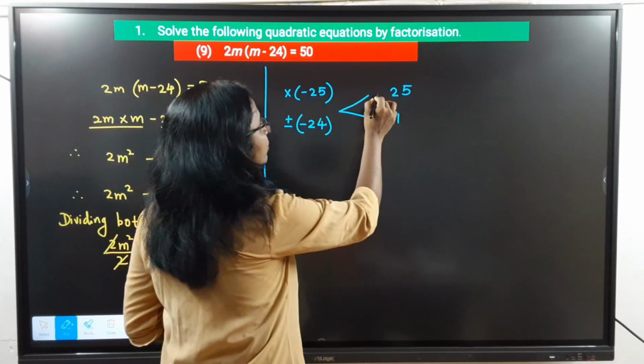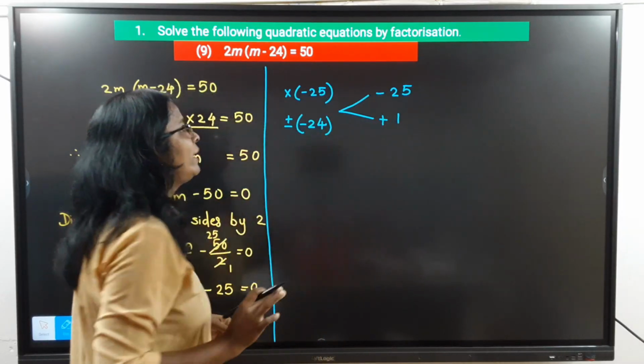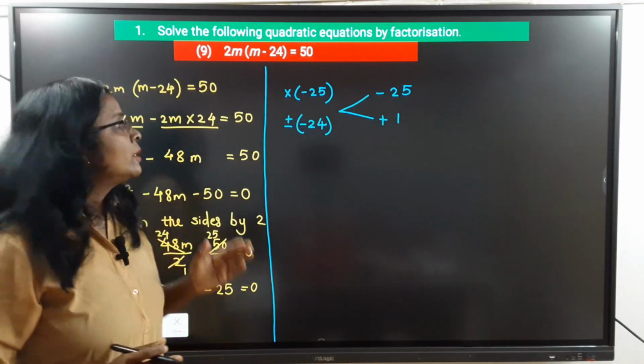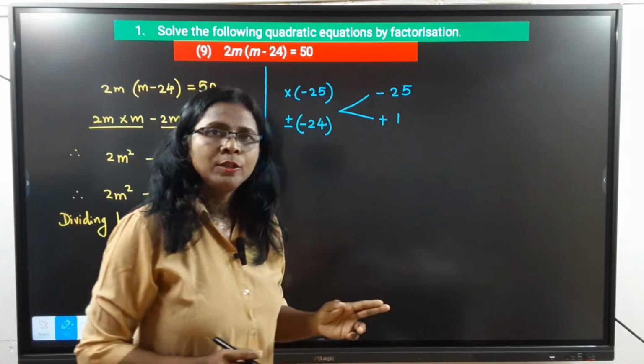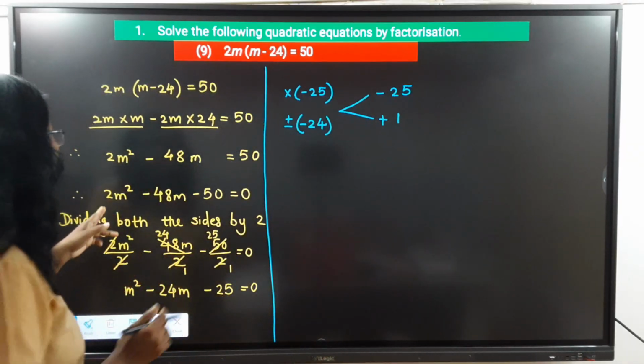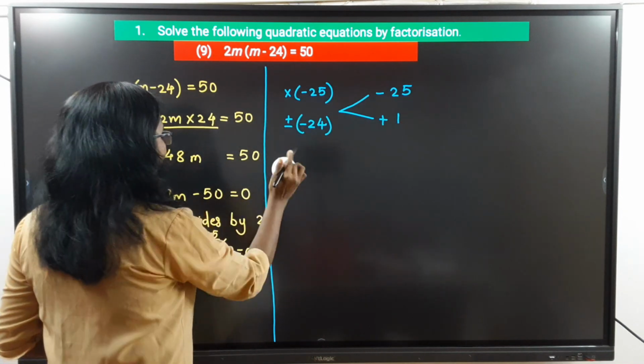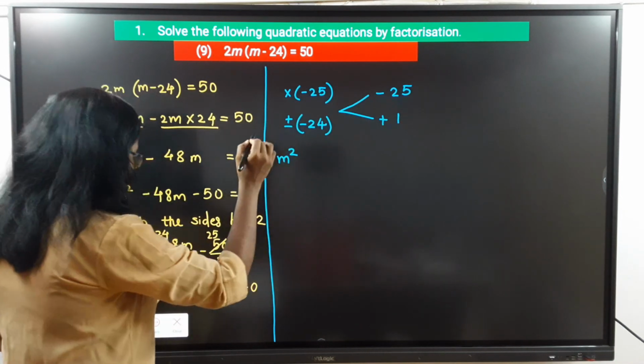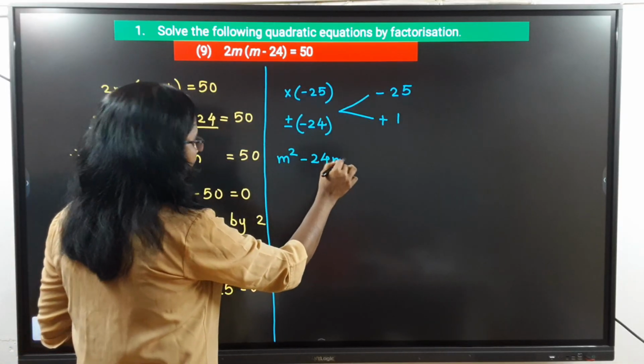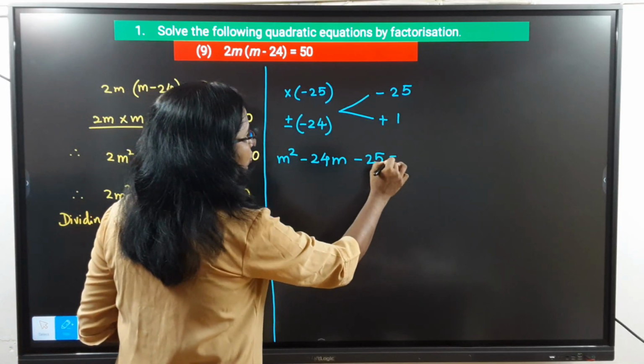So minus 25 plus 1, that is minus 24. And the product will be minus 25 ones are 25. So further we write down n square minus 25n plus n minus 25 is equal to 0.